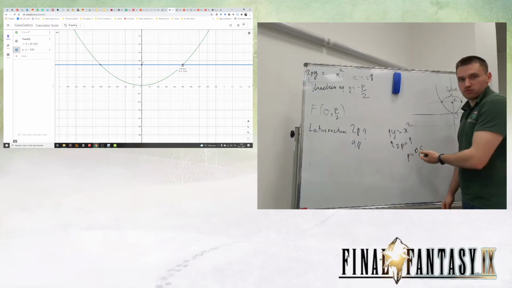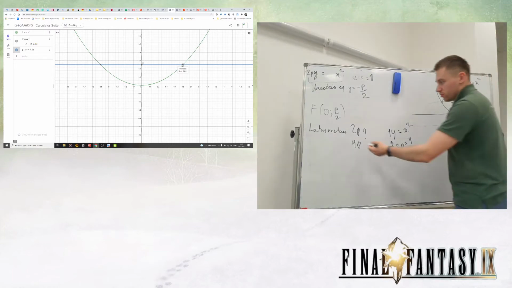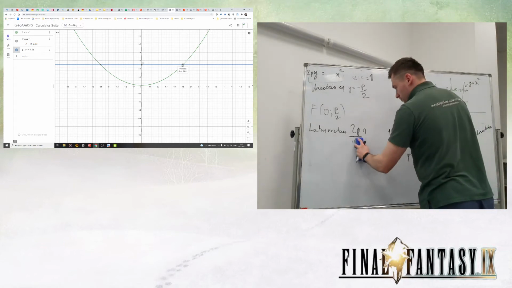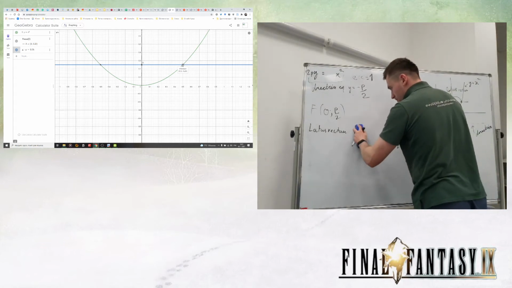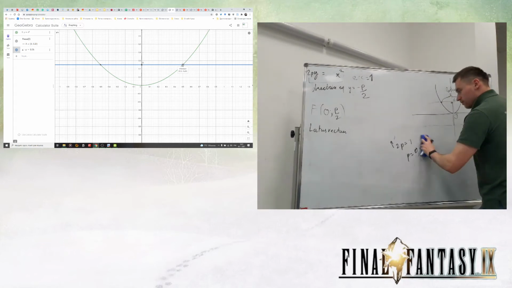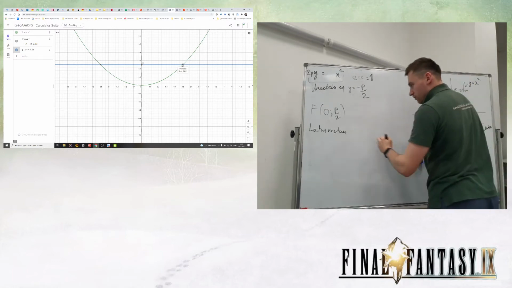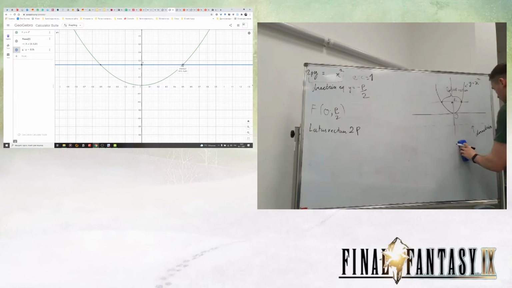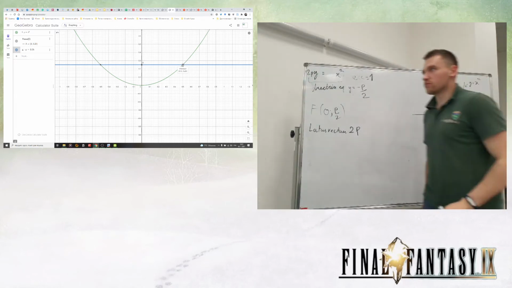Our distance is equal to 1, so in this case, it will be 2p. This is the right answer. Okay, what else? What do we need to know?